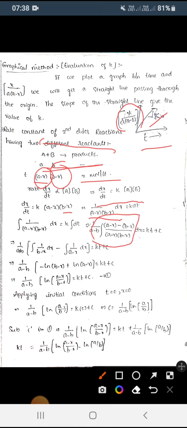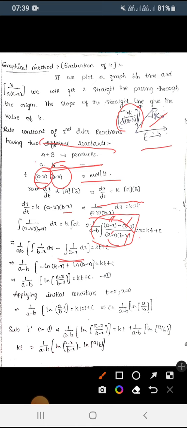Here, A minus B minus x plus x will get cancelled in the numerator. So taking this whole formula, we get two integration parts: 1 by (B minus x) dx minus 1 by (A minus x) dx. Why? Because here A minus x will get cancelled, leaving 1 by (B minus x), and here B minus x will get cancelled, leaving 1 by (A minus x), when you do the LCM.